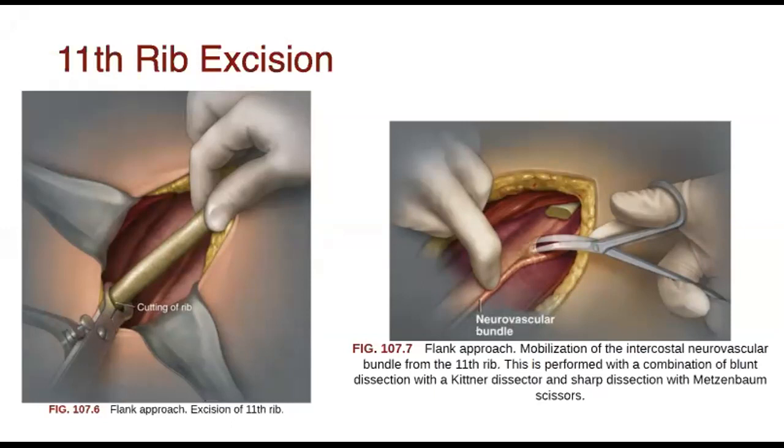After stripping the periosteum from the tip of the rib back to the paraspinal muscles, you cut the 11th rib with the rib cutter. The rib stump is then smoothed with a rongeur, and hemostasis is secured with the aid of cautery or bone wax.